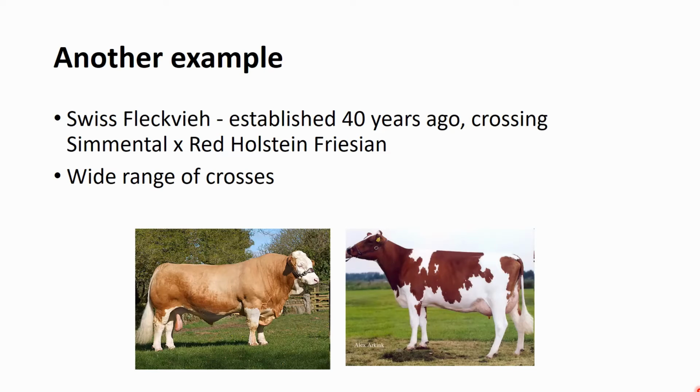Pictures of the two purebred populations are here, and the goal was to create a very specific admixed breed that has the advantages of both populations. Because this work is relatively recent, we also have a wide range of crosses within this population.